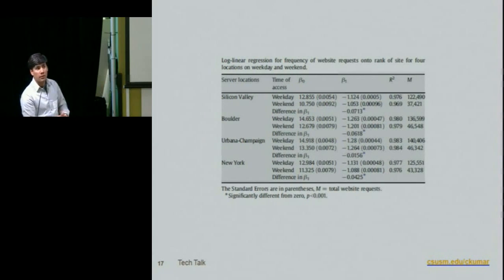And of course, correspondingly, when we calculate the difference in beta 1 coefficients using the statistic, we confirm that these differences are indeed significant at each of those 4 locations between weekday and weekend.